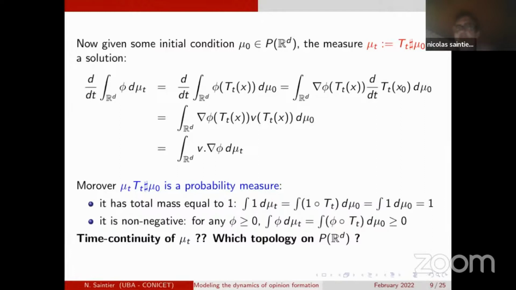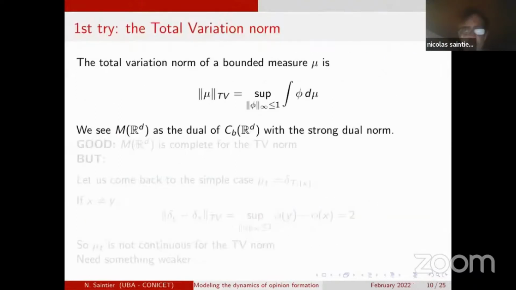Meaning that, for instance, if t prime goes to t, I would like mu t prime to converge to mu t. So I need a topology on the set of probability measures. What could we do? In general, when we have a bounded measure, maybe the most natural norm to consider is the total variation, which is defined by this expression here.